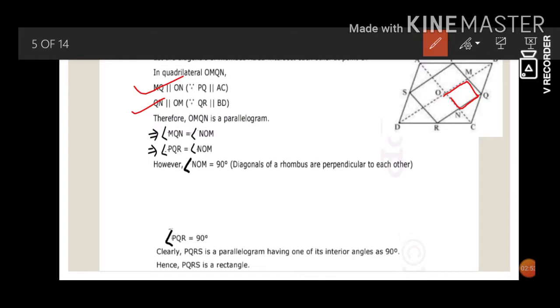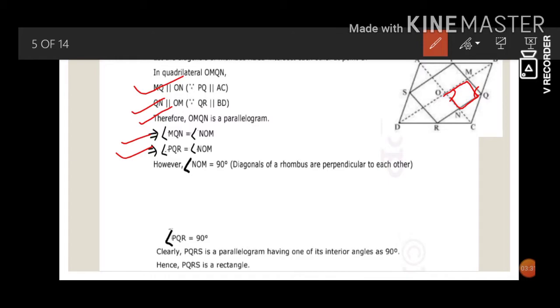So this small quadrilateral OMQN is a parallelogram, since we have shown that both pairs of opposite sides are parallel, and hence the opposite angles of the parallelogram are equal. So angle at Q and angle at O are equal. Similarly, we can say angle PQR equals angle MON, since the angles remain unchanged.